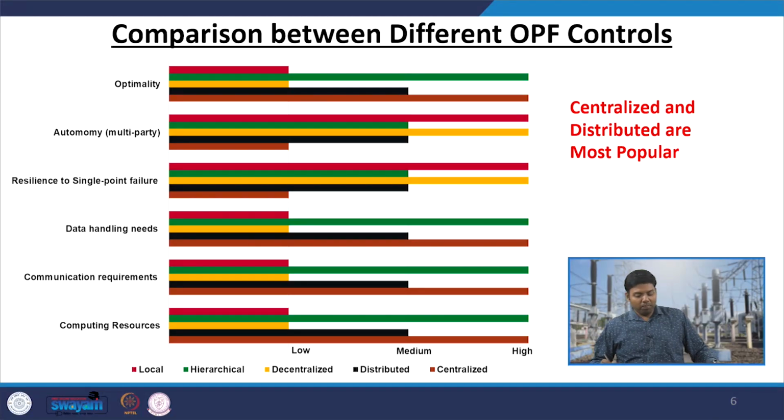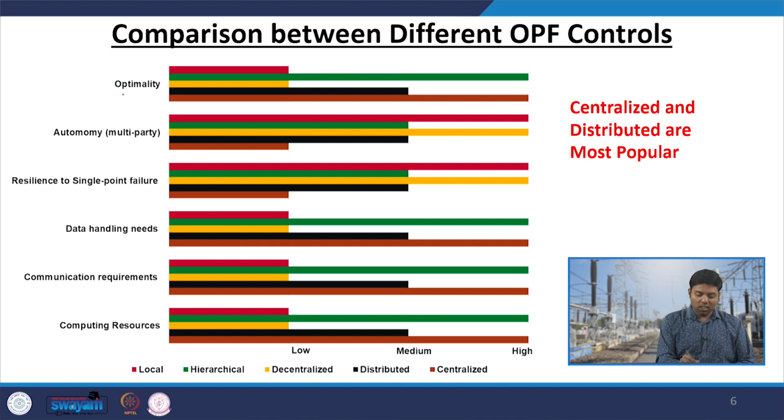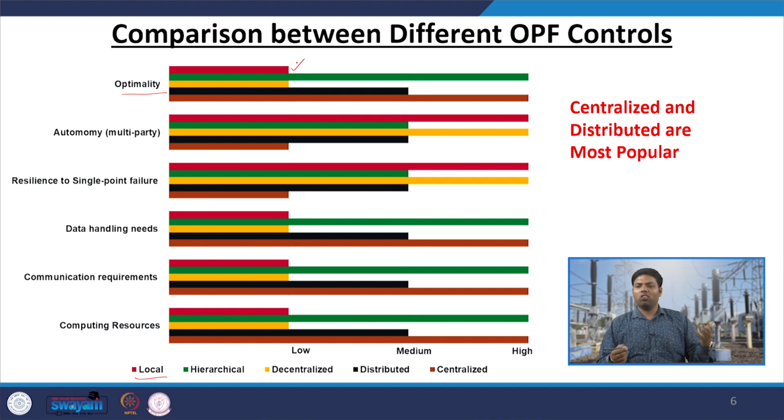If you draw a comparison between them, considering parameters like optimality, autonomy, resiliency, data handling needs and others, you see that the local control algorithm gives you the lowest optimal solution, because you are taking decisions on your own and not talking with anyone.